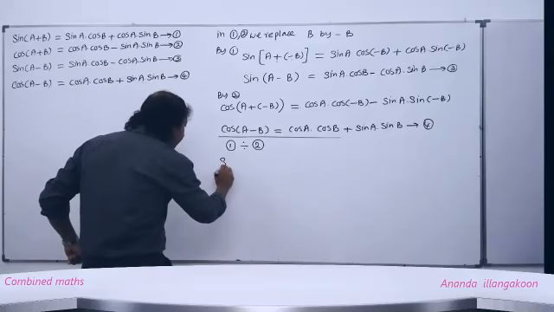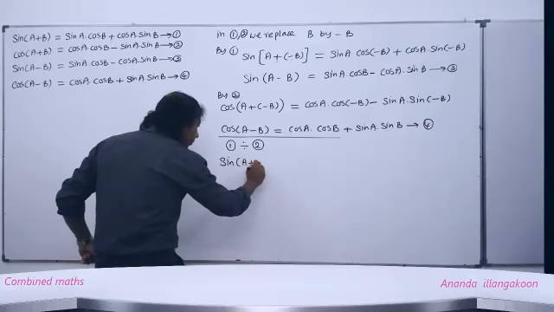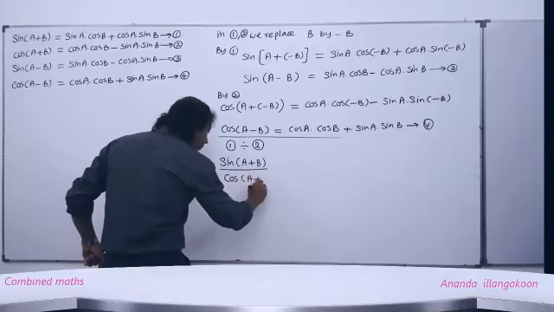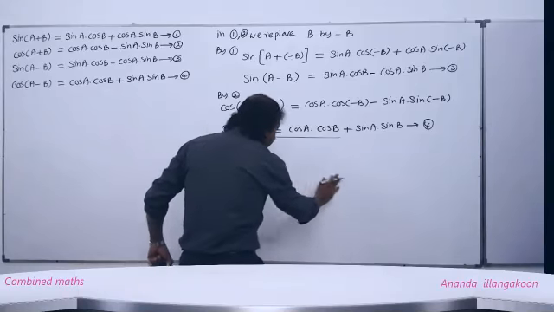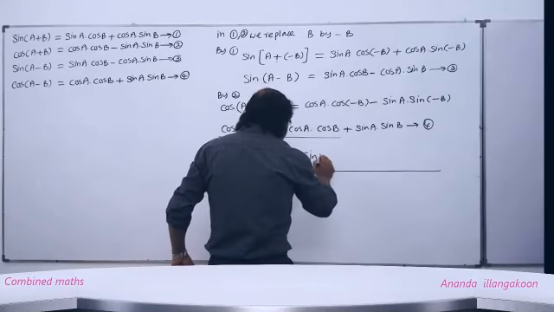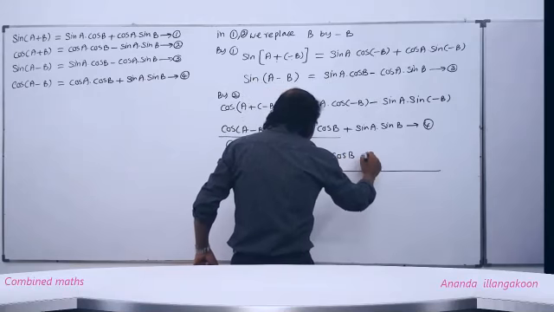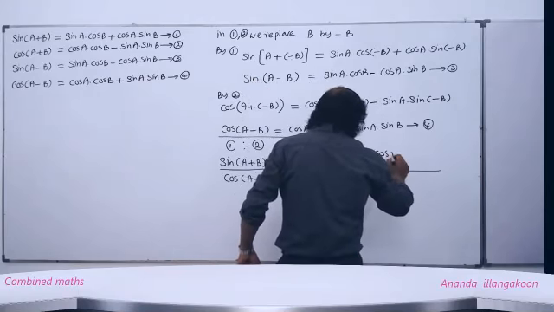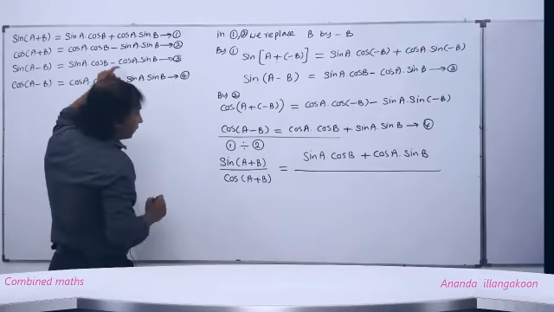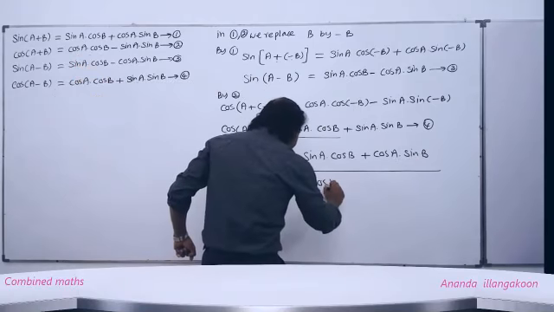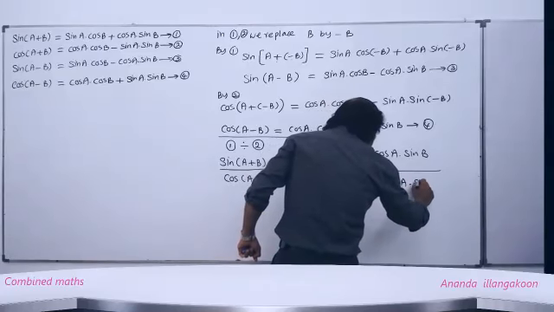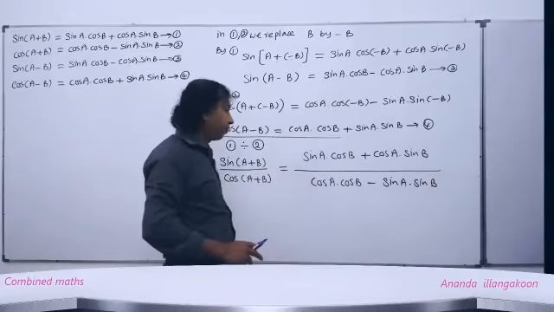Sin A plus B, we have divided by cos A plus B, is now equal to sin A cos B plus cos A sin B divided by cos A cos B minus sin A sin B. We divide like this.